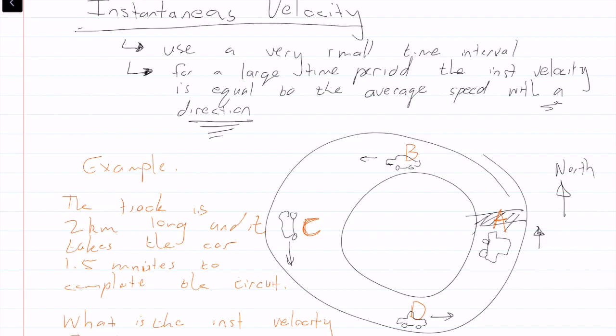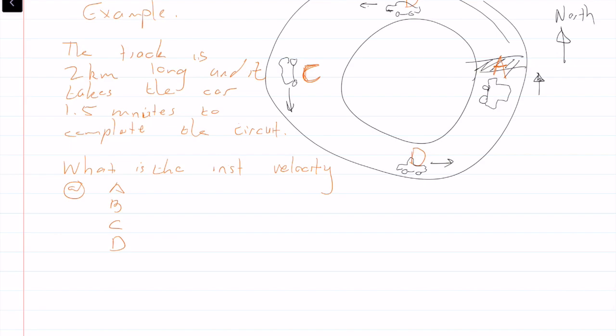So let's start off by calculating the average speed. The speed is equal to change in distance over change in time. My distance is 2 kilometers, so that's 2 times 10 to the 3 meters, over 1.5 minutes, so times 60 seconds. That comes out as 22.22 meters per second. So that is my average speed.